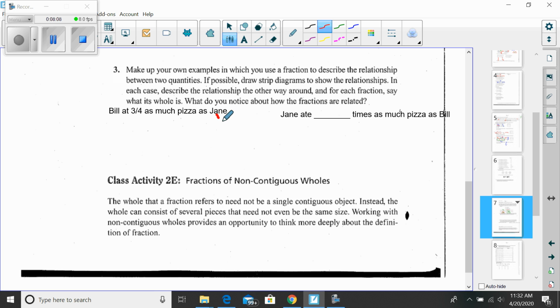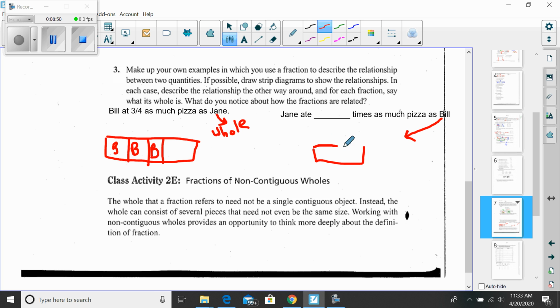So Bill ate 3/4 as much pizza as Jane. Let's let Jane's amount of pizza be the whole. In this case, Bill eats this much pizza. So I'm going to put a B, B, B. But now over here, if I say Bill is the whole, here Jane was the whole, and now Bill is the whole.